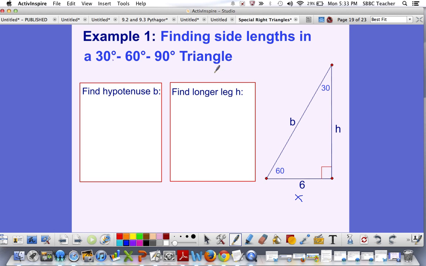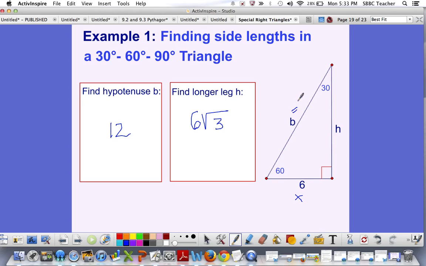So if this is 6, what would h be? That's right, 6 radical 3. We multiply the shorter side times radical 3 to get the longer side. And then the hypotenuse is always twice as big as the shorter side. So if the shorter side is 6, the hypotenuse is 12.